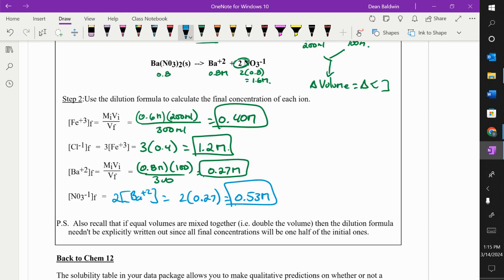Okay. So now we're going to take that and jump it into Chemistry 12. How is 0.27 times 2 equal to 0.53? Because we rounded up, and then it happened to be rounded down. It's just going to be rounding.